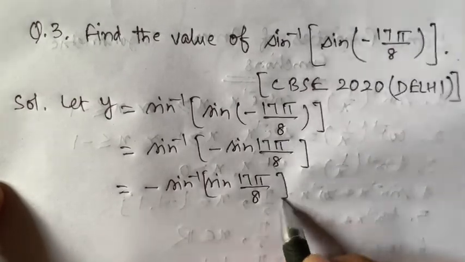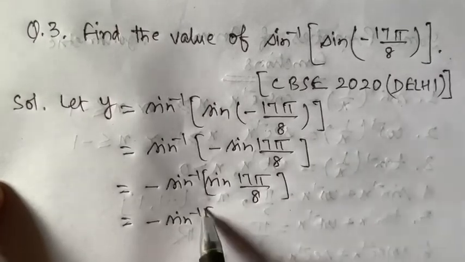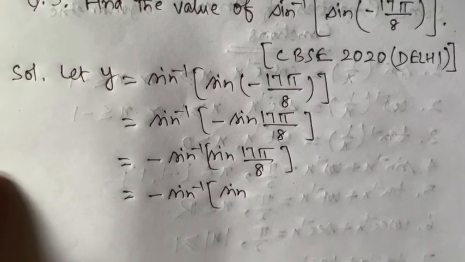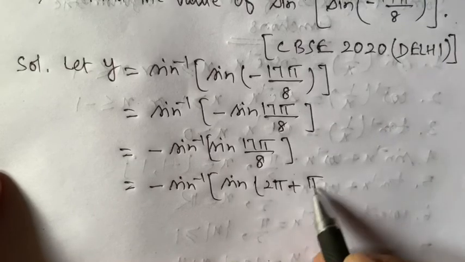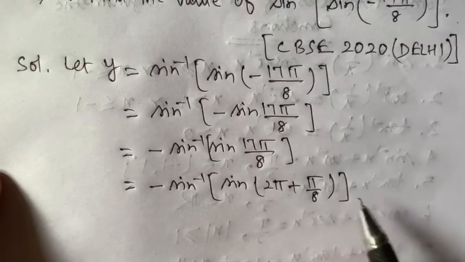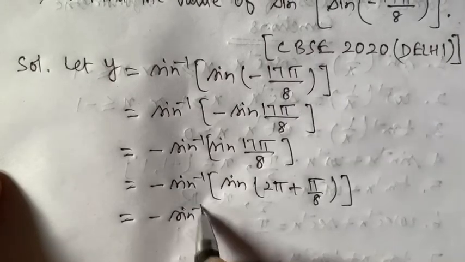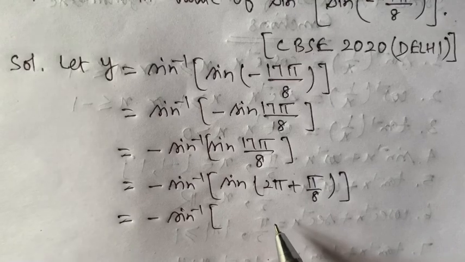Now minus sine inverse of sine, 17 pi by 8 will be 2 pi plus pi by 8. So it is minus sine inverse of sine 2 pi plus pi by 8, and sine of 2 pi plus theta is sine theta.